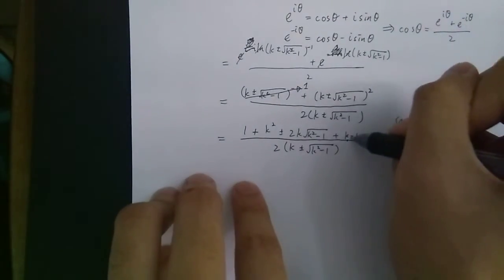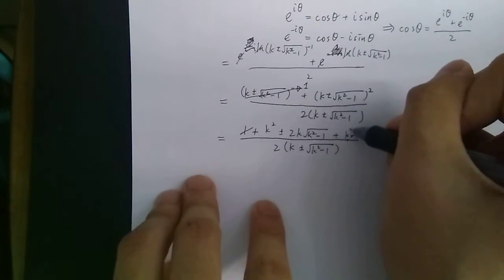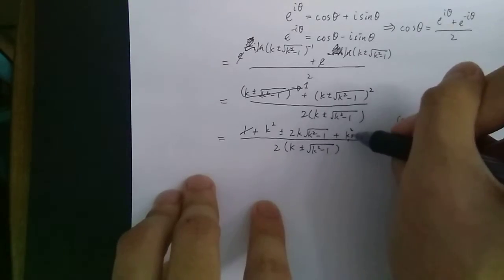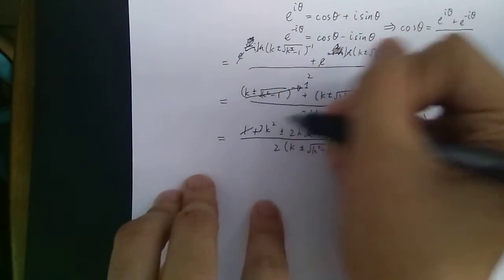Here's the negative 1 and the positive 1, we can cancel them out, and then this is k squared, and the k squared can move to the front and becomes 2k squared.